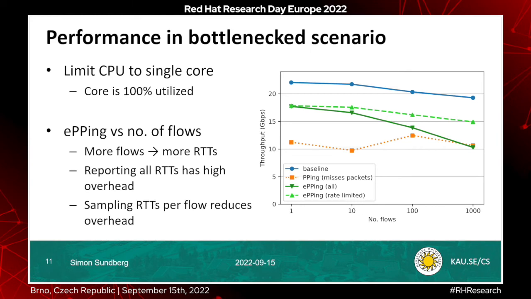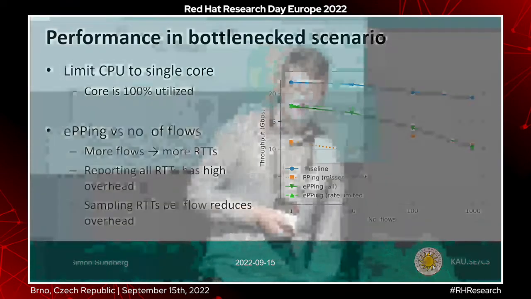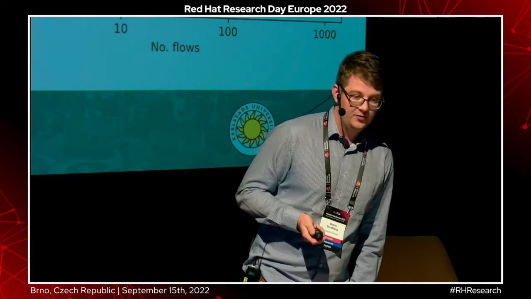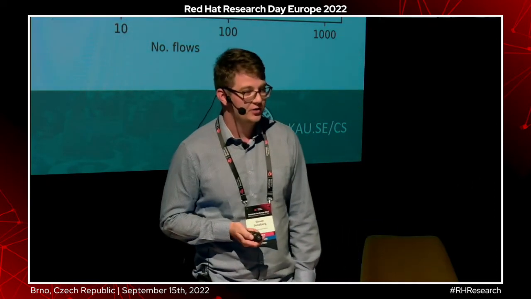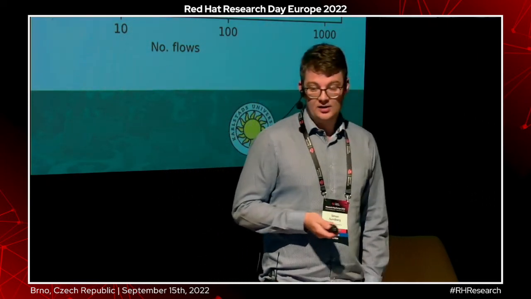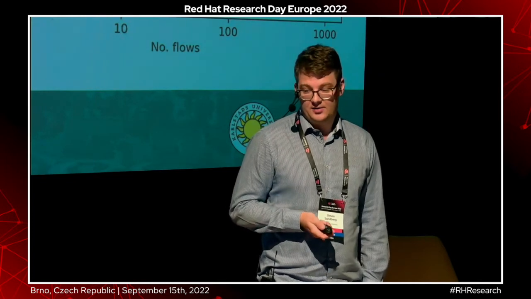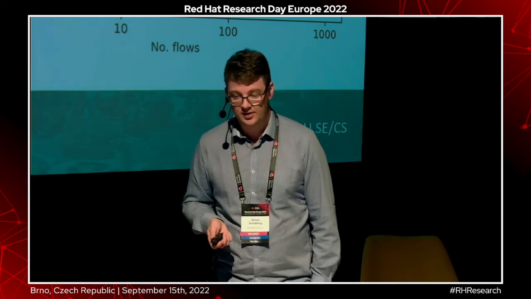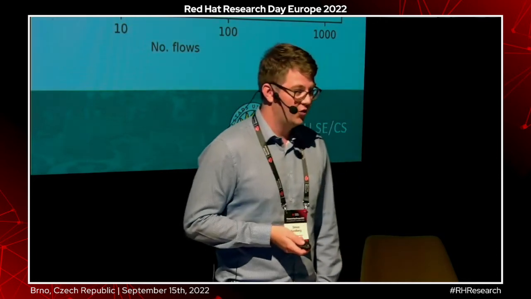And then we're adding this monitoring on top of that, and that will obviously add some additional overhead, so we will lose throughput. And I've included the original passive ping here just as a reference, but as I've noted already, it doesn't really work because it misses most of the packets. Our ePPing, on the other hand, does work, but as you can see, when we increase the number of flows here, it loses quite a lot of performance.